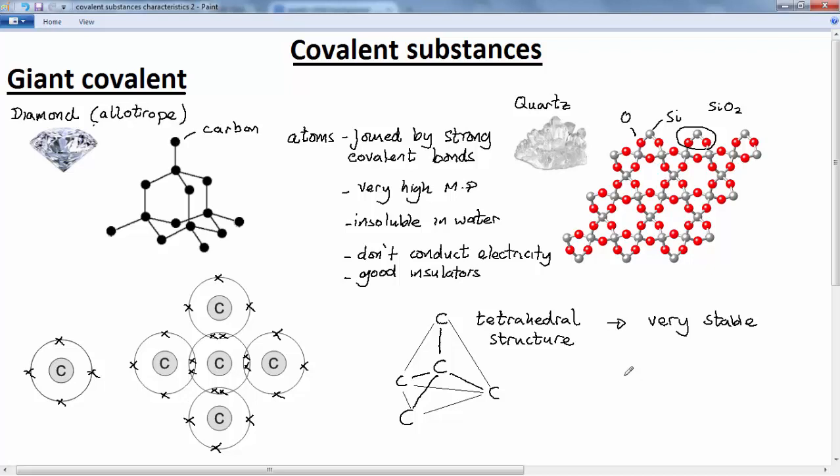Now, an allotrope is really just a different form of the same element. Another common and very useful allotrope of carbon is called graphite, and in graphite the atoms of carbon join together in a slightly different way, which gives graphite some very interesting and useful properties.